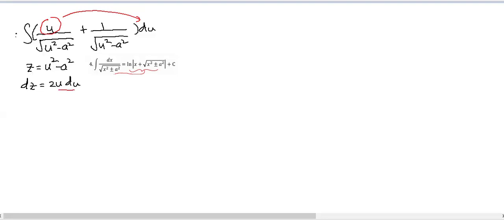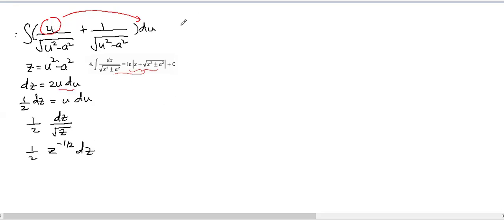So we have 1/2 dz. This is u du. So, ito ngayon, in terms of z, it is 1/2, so u du, that would be dz, and then over square root of z. So, this is 1/2 z raised to negative 1/2 dz.